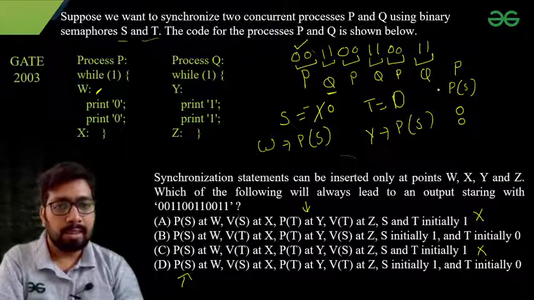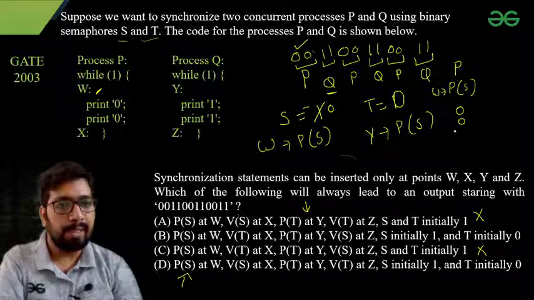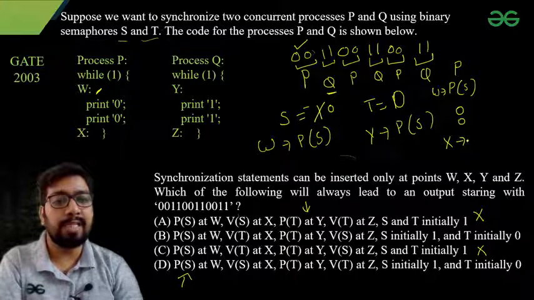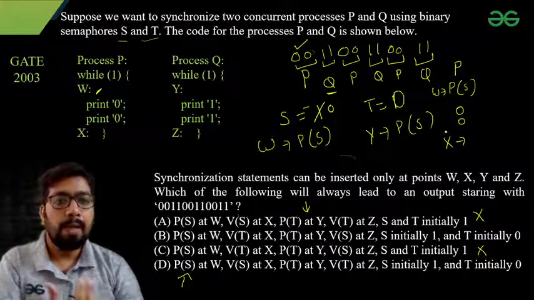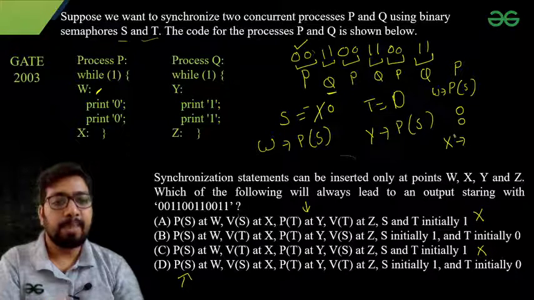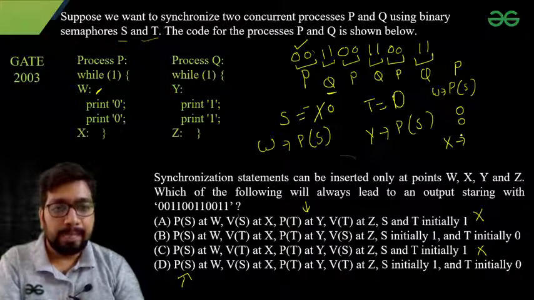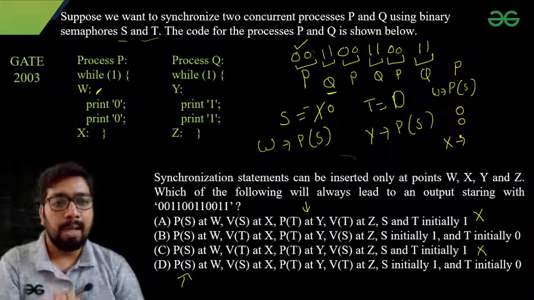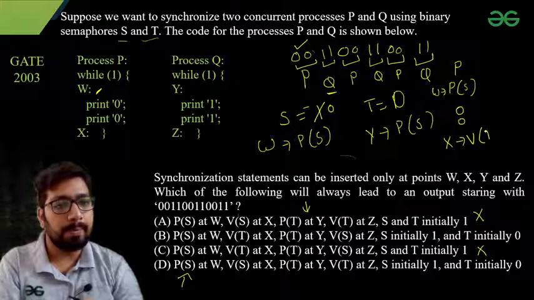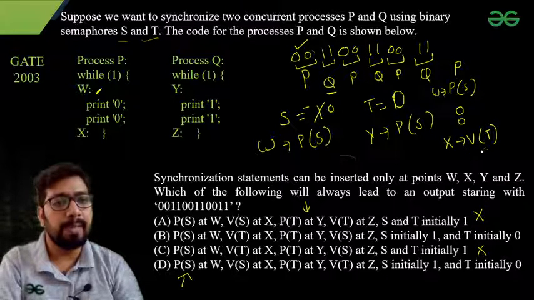So W is P of S, then X should be incrementing the value of T. Then only Q will be implemented. Process Q can be implemented once semaphore T is incremented, that is, once it performs the signal operation. So V of T must be here.